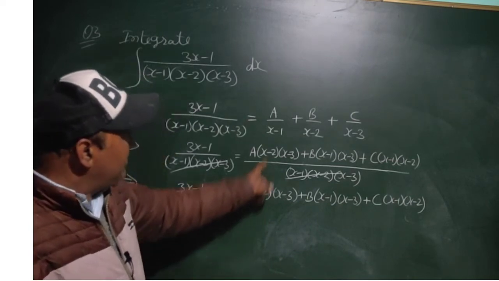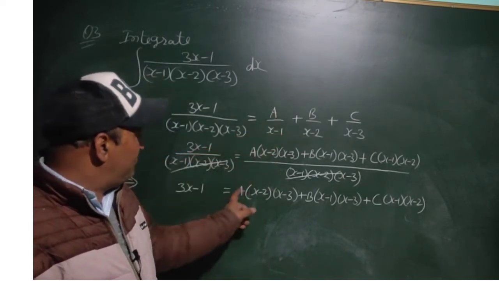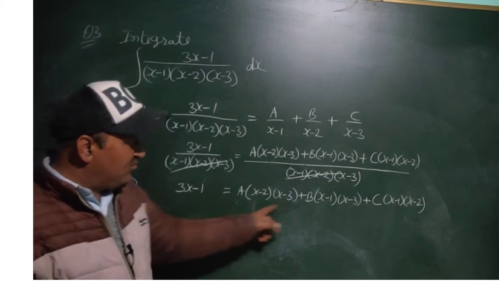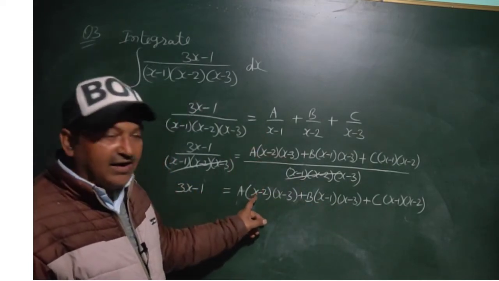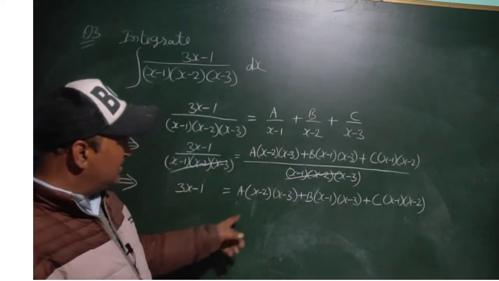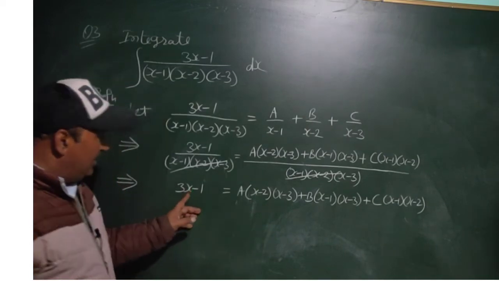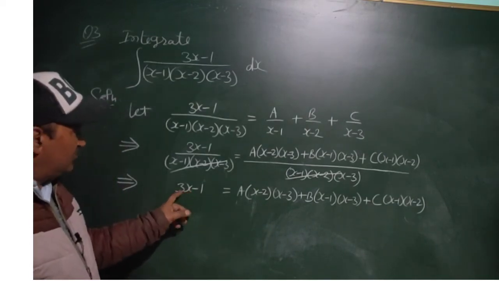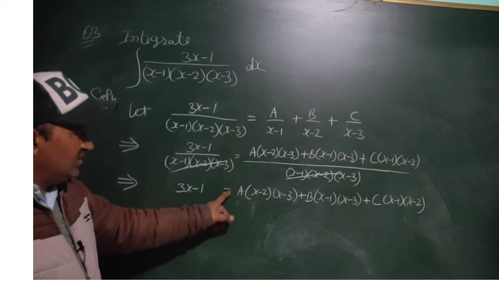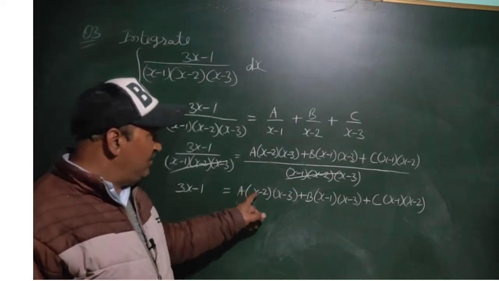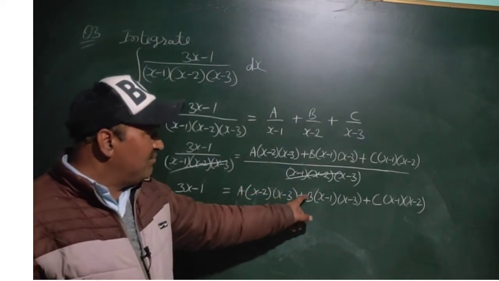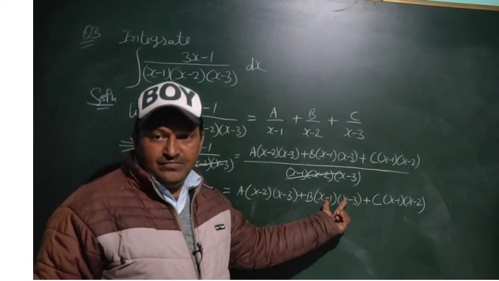In order to find the value of A, we have to put x is equal to 1 in these equations. If we put x is equal to 1, then the left hand side will be 3 into 1 minus 1, equal to capital A into (1 minus 2)(1 minus 3) plus capital B into 0.